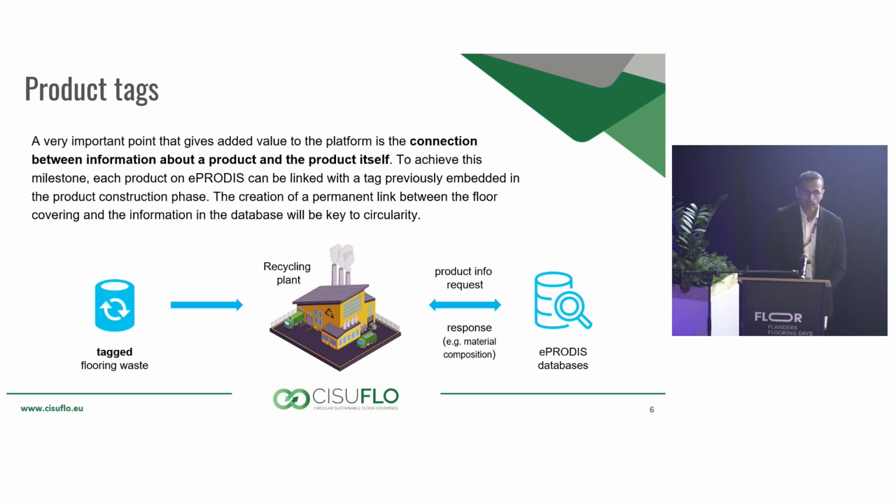It is the tagging of the products, because a very important point that gives added value to the platform is the connection between the information of a product and the product itself.